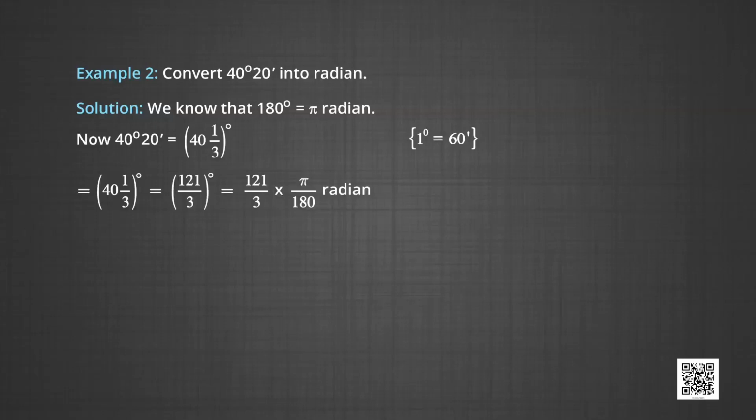To convert degrees to radians, we need to multiply this by pi upon 180. So, 121 by 3 degrees becomes 121 by 3 into pi upon 180 radian, which on simplification becomes 121 pi upon 540 radian.